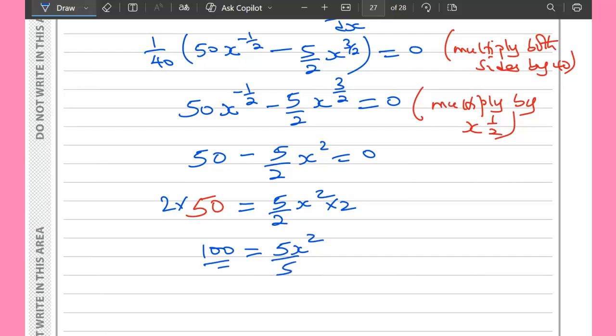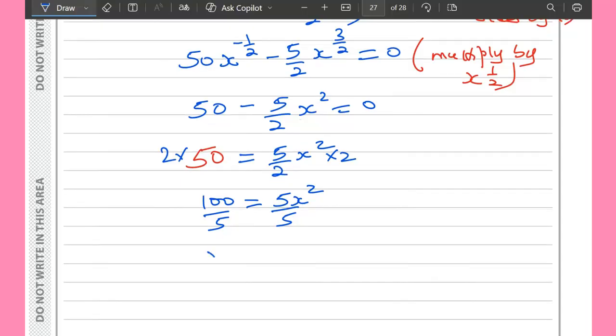Divide through by 5, we have x squared equals 20, because 100 divided by 5 equals 20. So x will be equal to root 20, which is the same as 2 root 5.